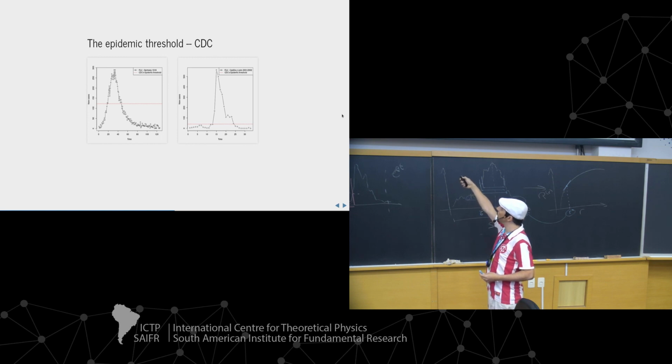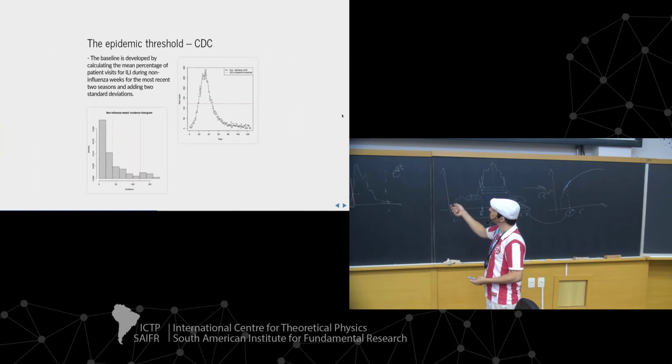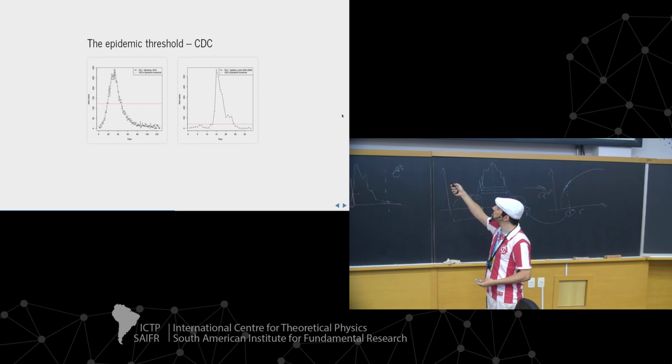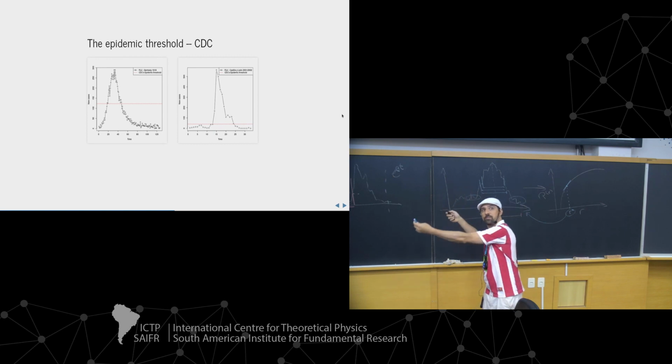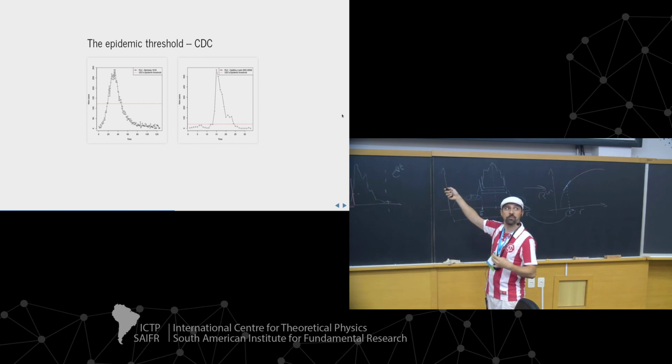As long as the observed cases are below this threshold, we are including them in non-influenza weeks, so in the baseline that we use for calculating the distribution, right? So I'm including several observations that are much higher than my baseline. Most of them are coming from after the peak, not from before the peak. Before the peak, I will usually have just a few observations that are above baseline.